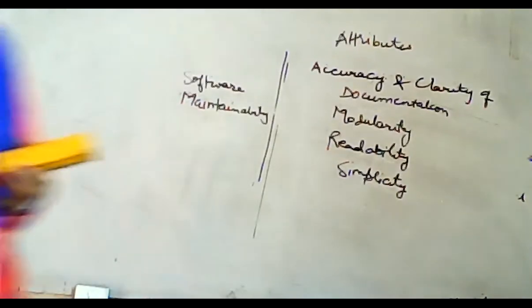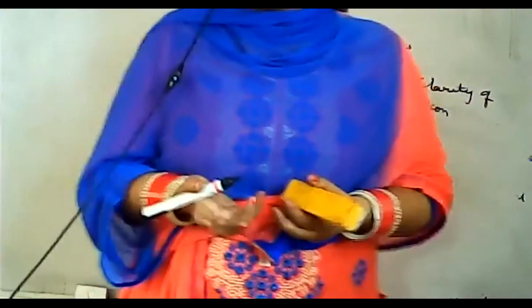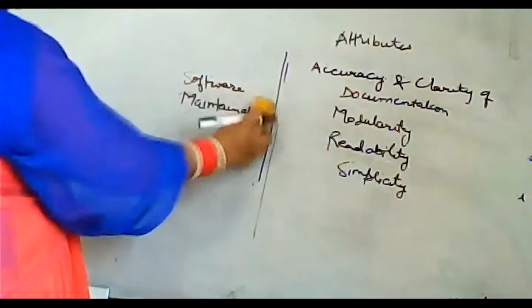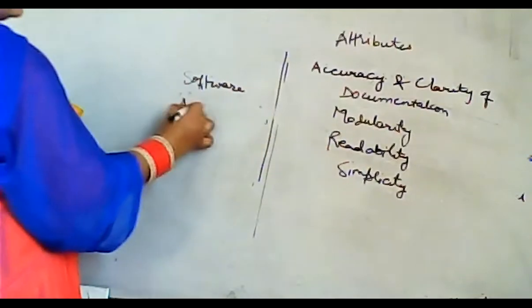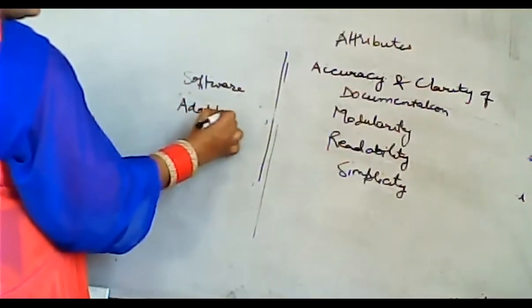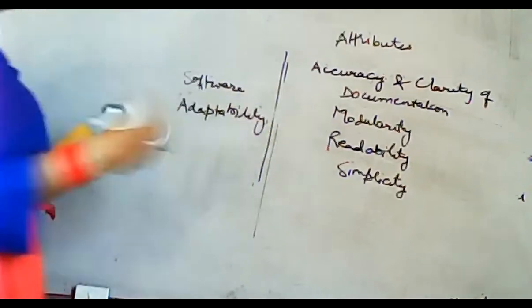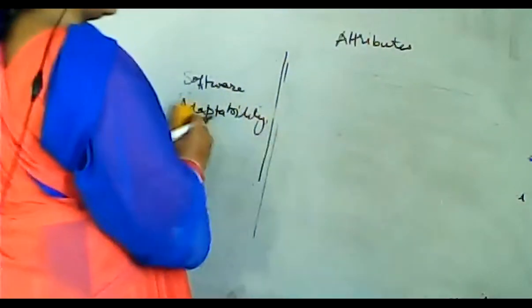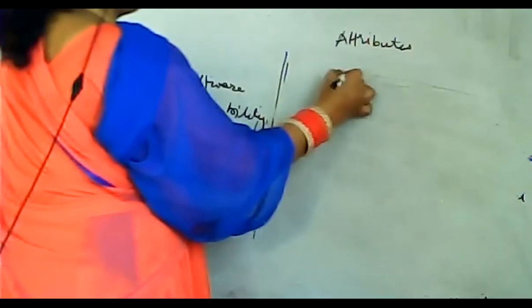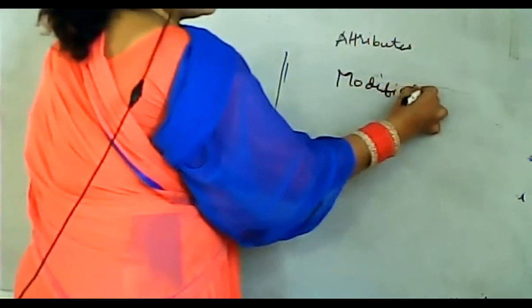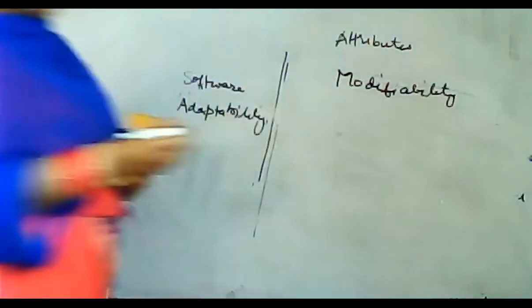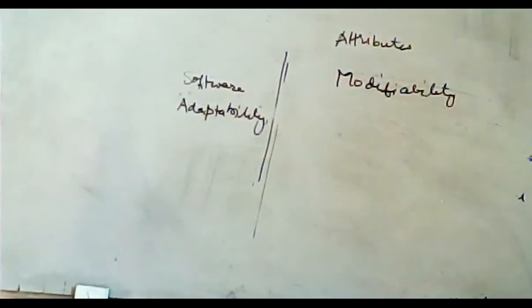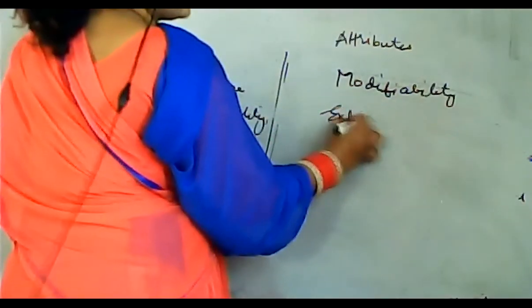Now there is a term called software adaptability. By adaptability, we mean whether it is able to adapt to the new environment. So it can only be possible if it is able to modify. If we are able to modify that software, modifiability is one such attribute, we say this software is adaptable. Or we can say it has the option of expandability.